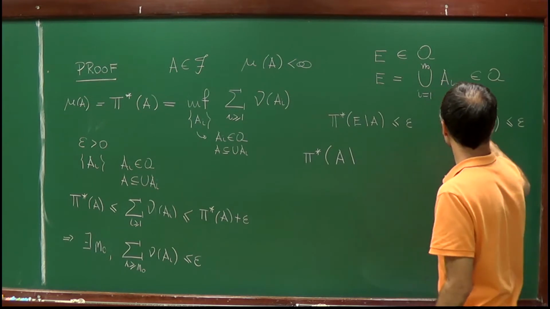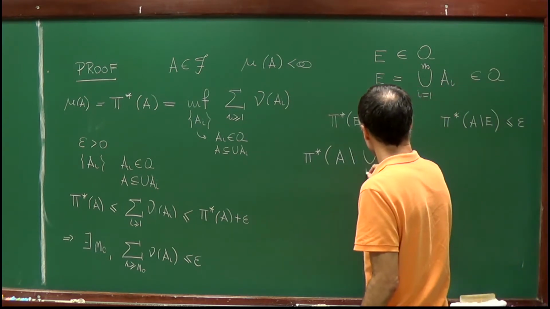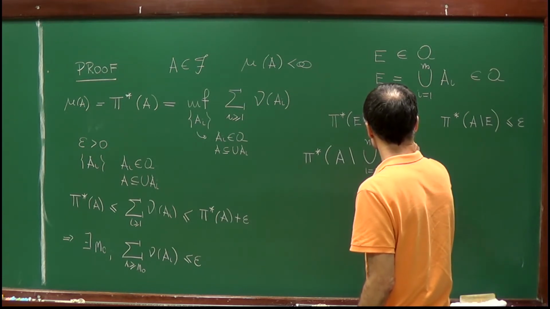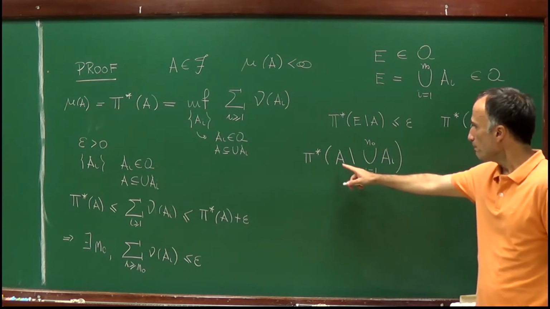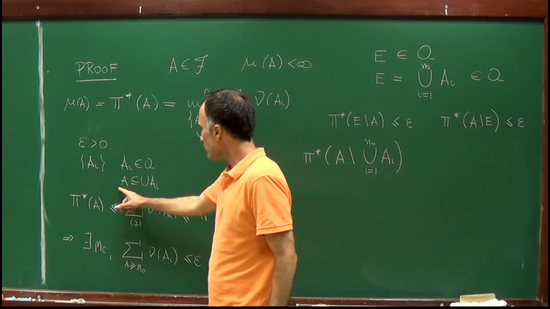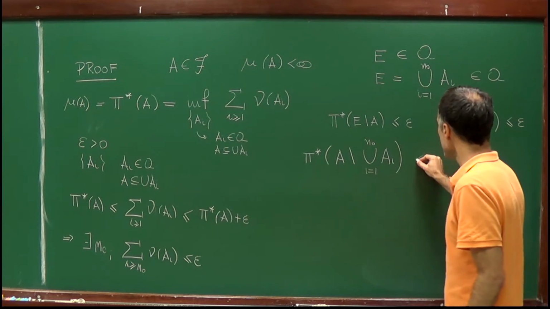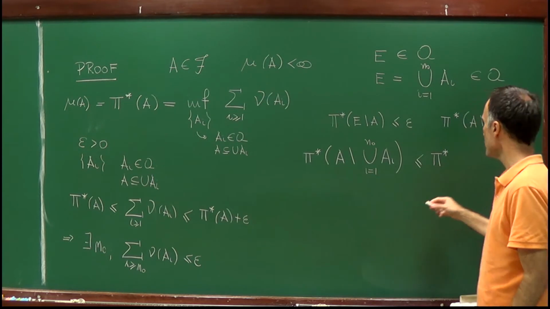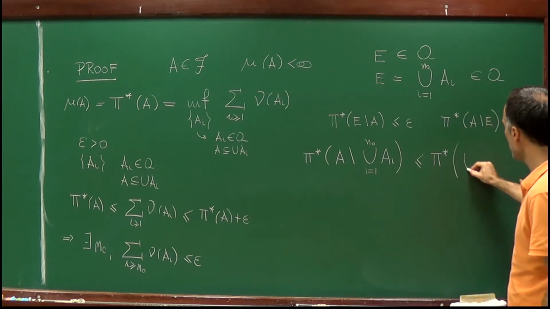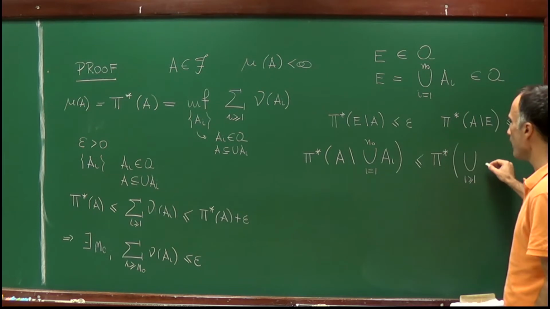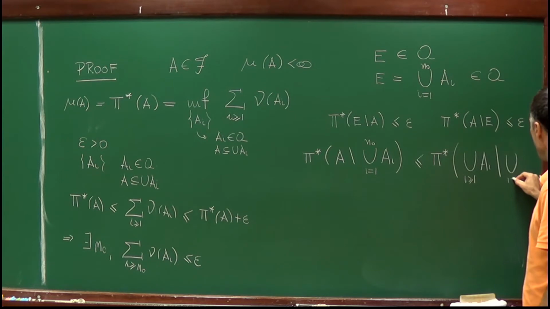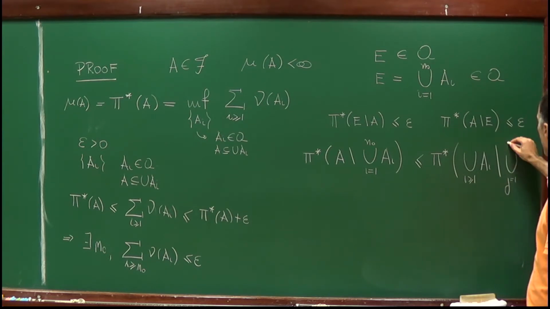So recall E is the union from 1 up to n0 of AI. Well, but A is contained in the union. So by monotonicity, the measure of this set is less than or equal to the measure of the union from I from 1 to infinity of AI minus the union from, let me call J, from 1 to n0 of AJ.